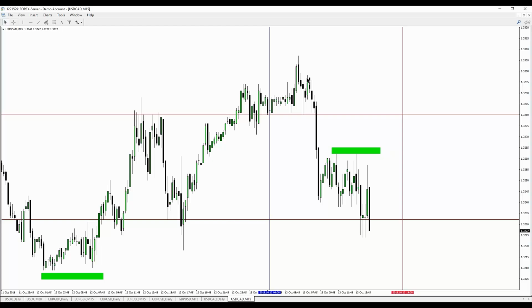What was priced in over here and what time of day? London. Okay, so we went into the New York time period. Was New York's open higher or lower than the trading session that was formed in London? It was lower. So the daily bias in New York is what direction for USDCAD?